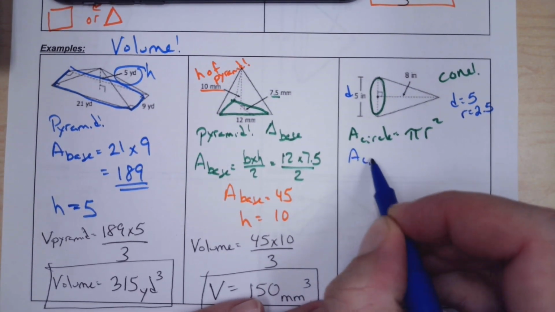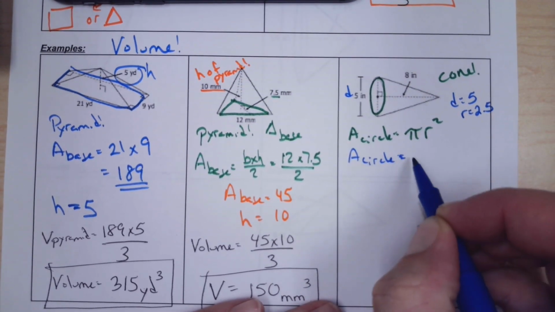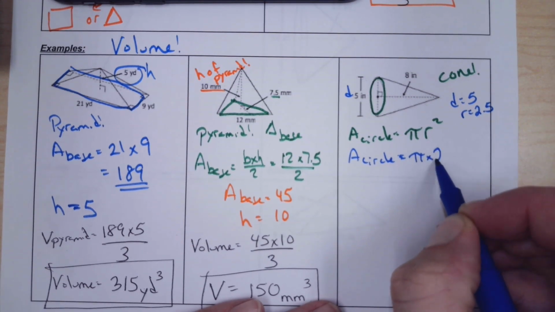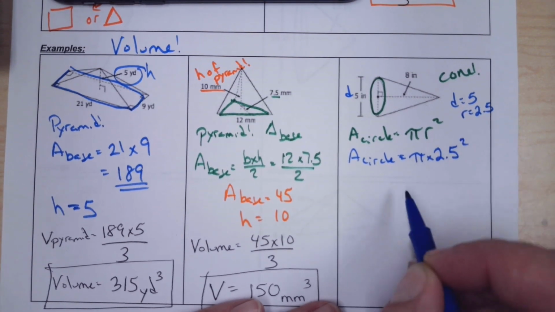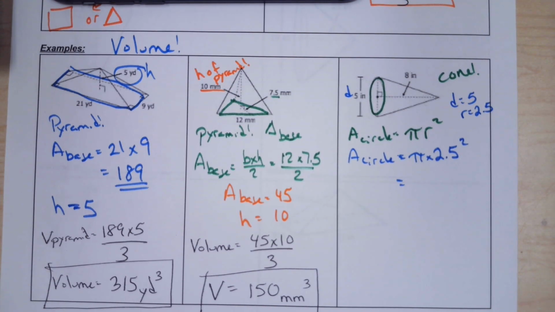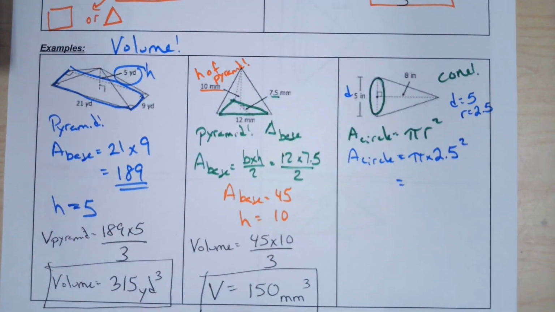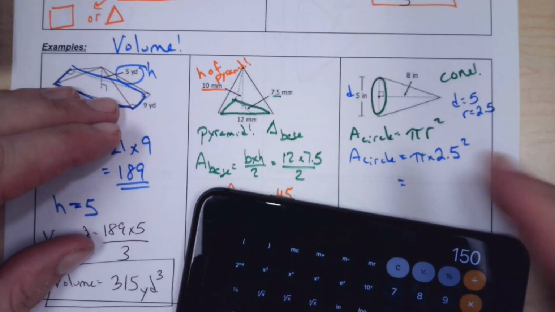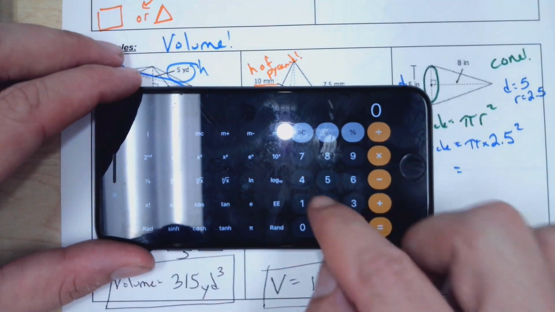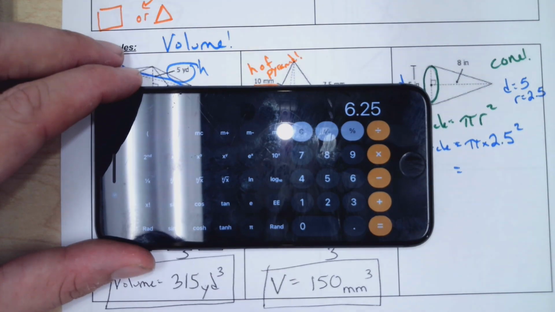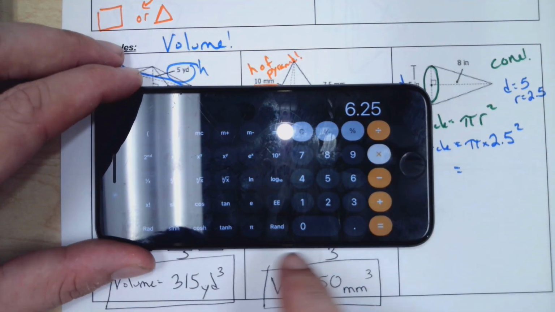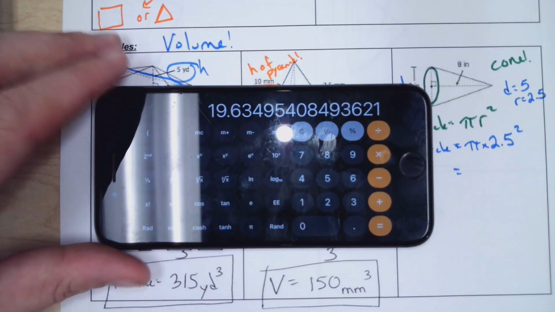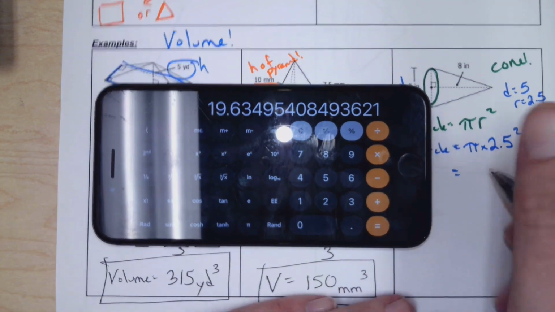So the area of the circle is going to be pi times 2.5 squared. Alright, so here we can go 2.5 squared times pi, 19.63.